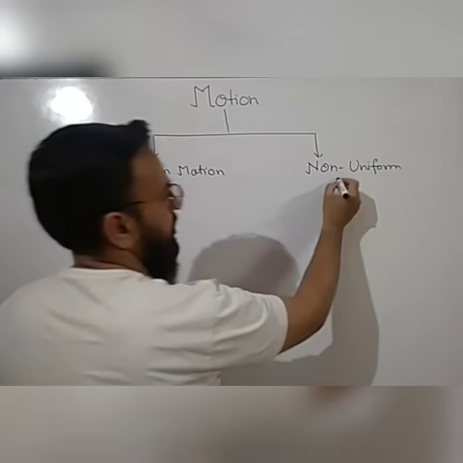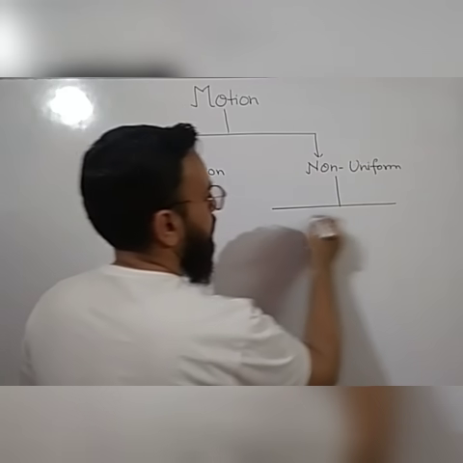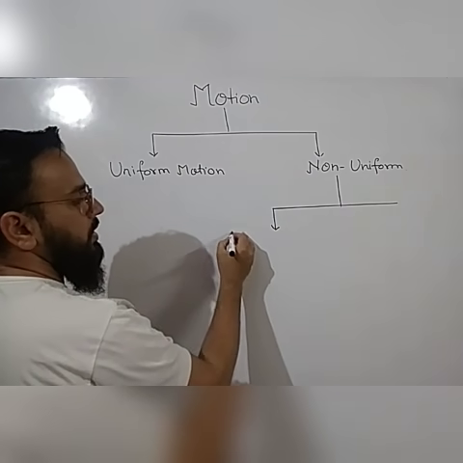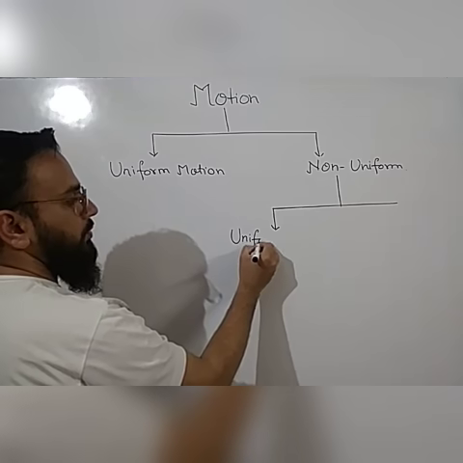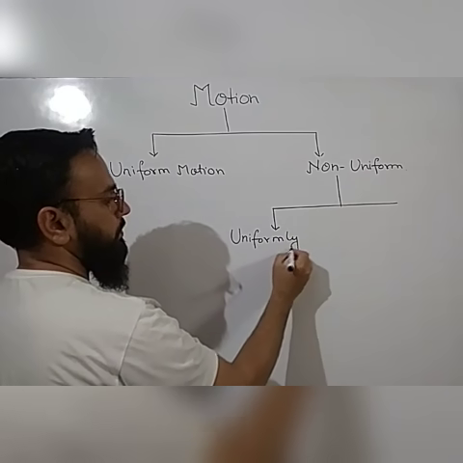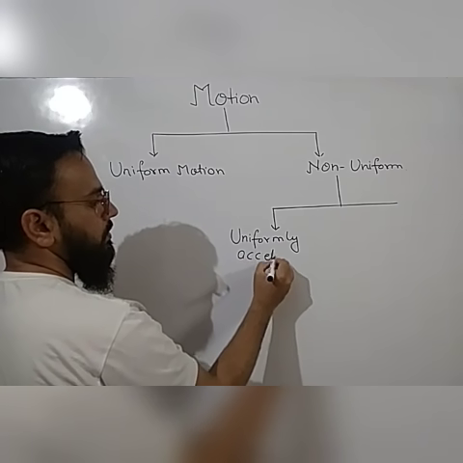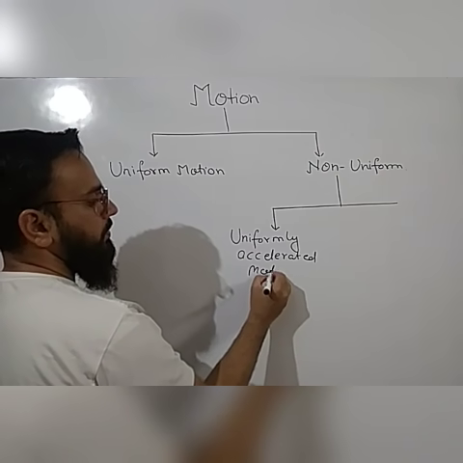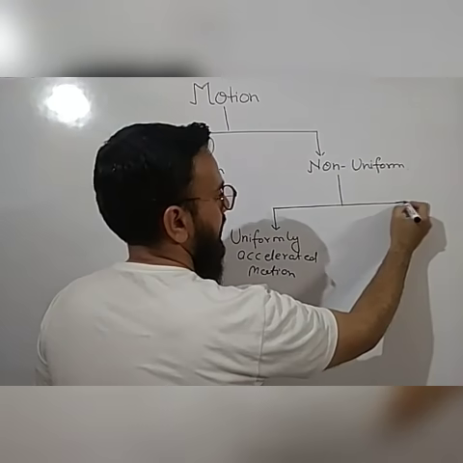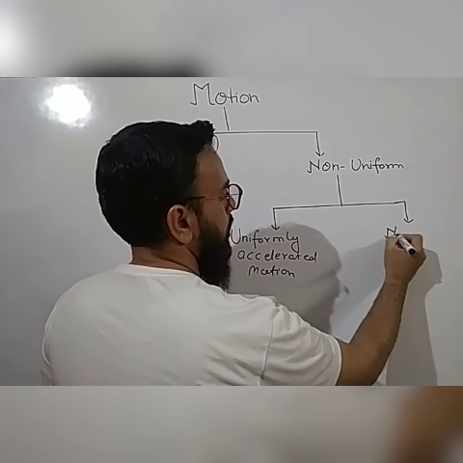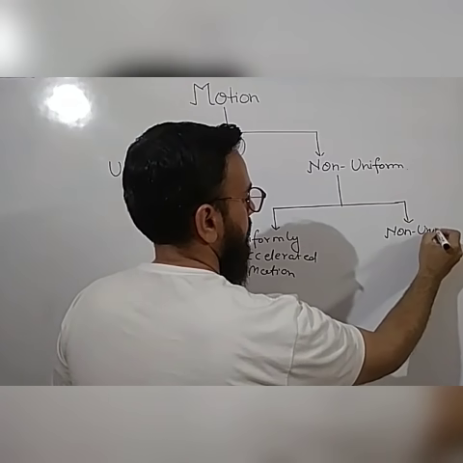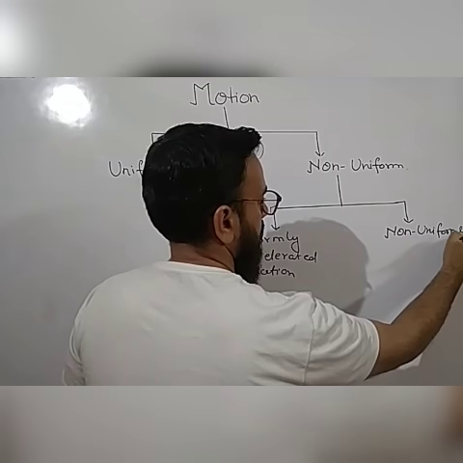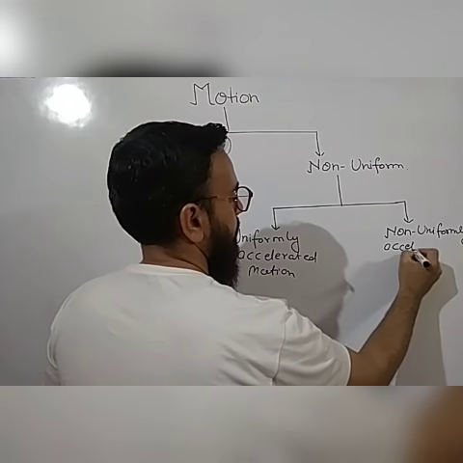Non-uniform motion was further divided into two parts. First is uniformly accelerated motion, and the second type is non-uniformly accelerated motion.